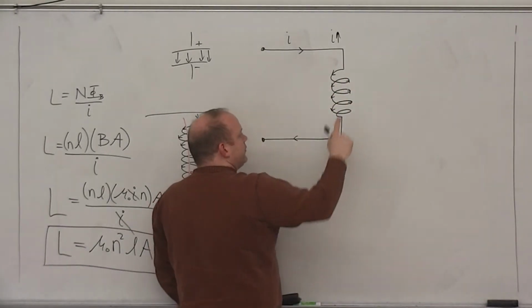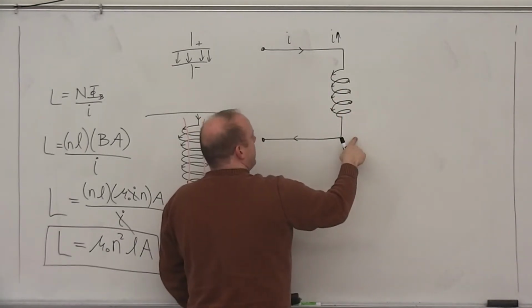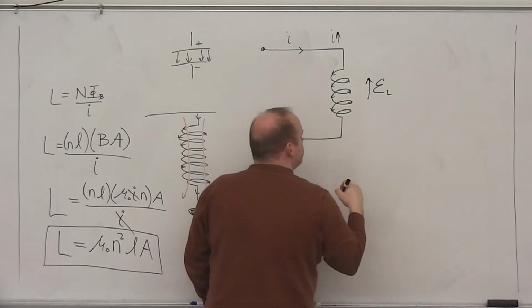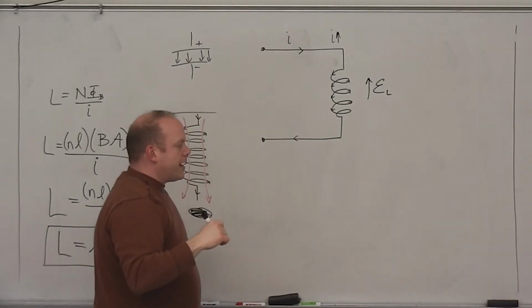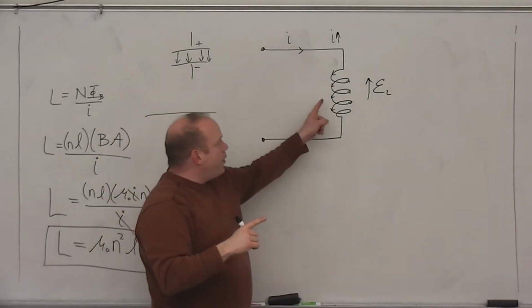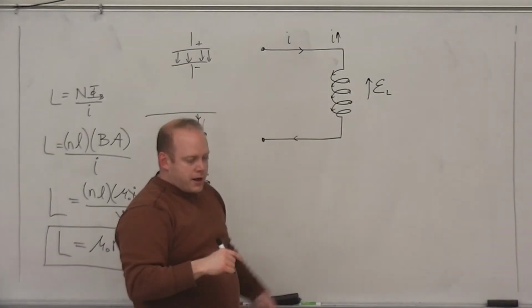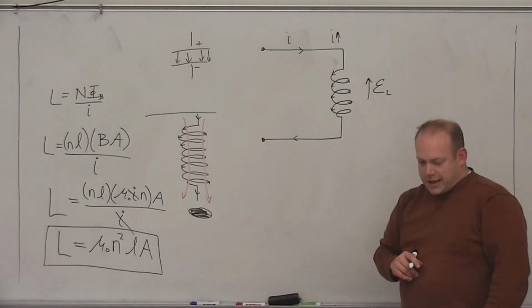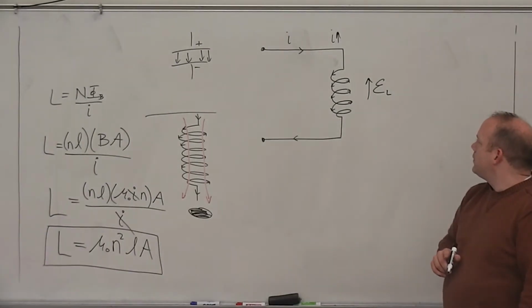So if I is increasing in this way, that means that V has to be increasing that way. So I have to induce voltage in that direction. That's going to try to slow the rate at which that current is increasing.